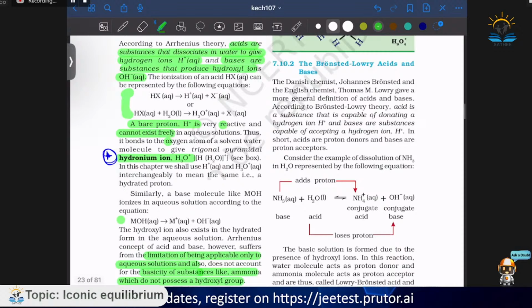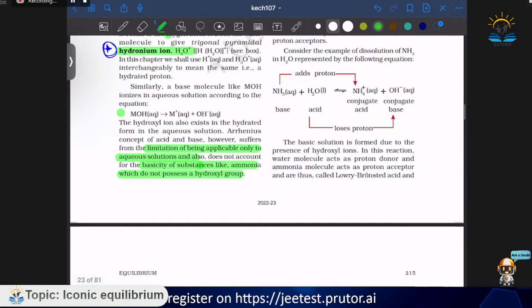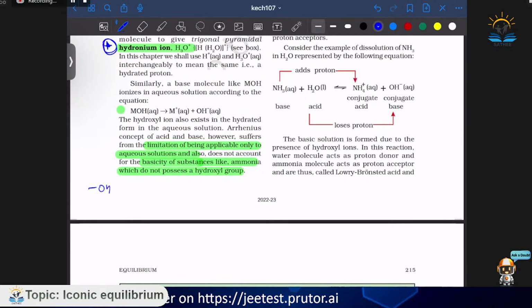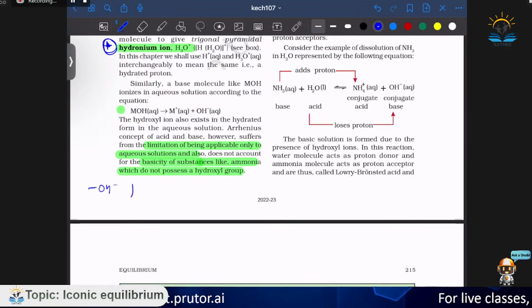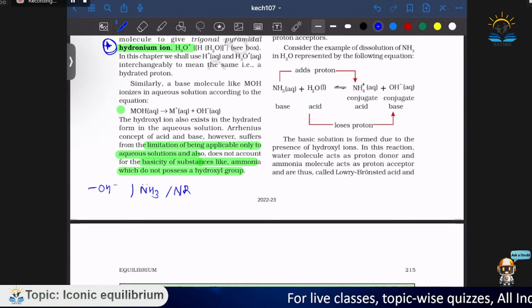And yeah, see, there are some bases also which do not have a hydroxyl ion. It is not necessary that they have to liberate OH minus ion in order to be called bases. For example, your NH3 and even NR3. What is NR3? R is any alkyl group. These are bases.